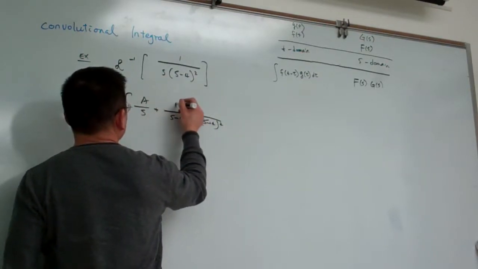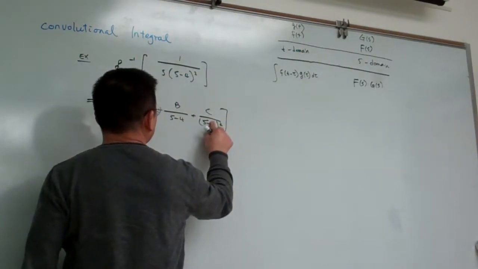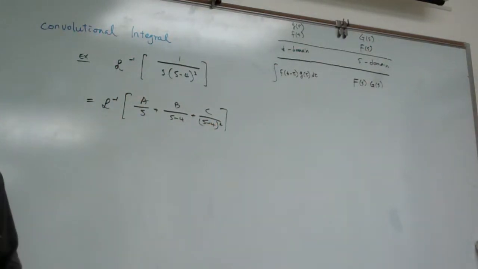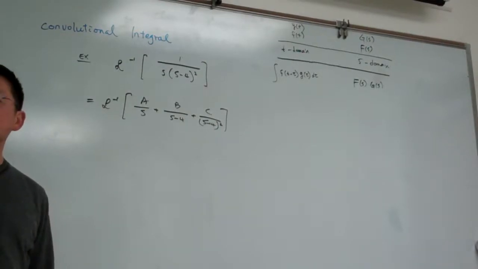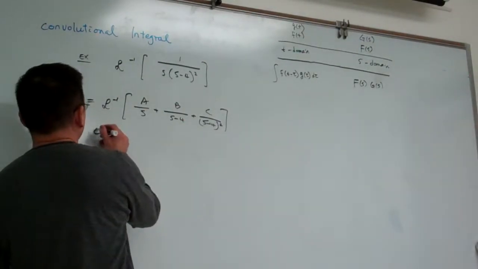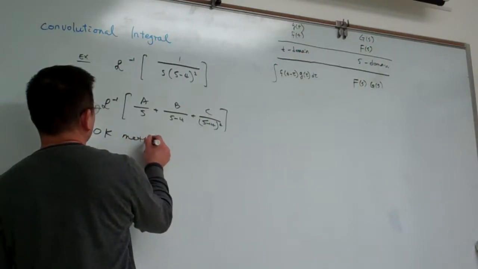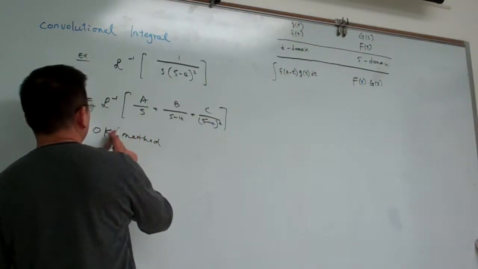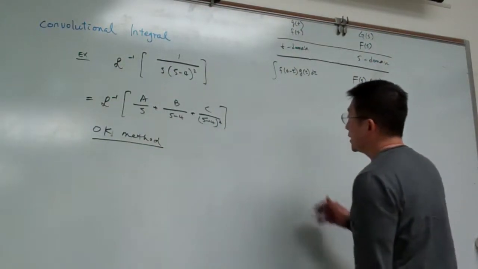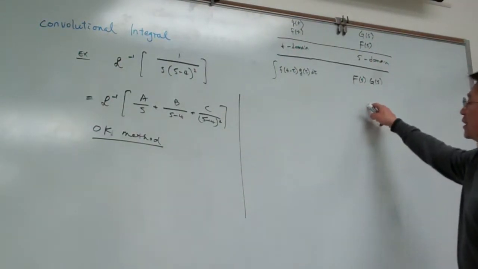So this is ABC. Yes, you can do this because we just learned this technique. Determine A, B, C, then you factorize and then do the same. Okay, this is the okay method.